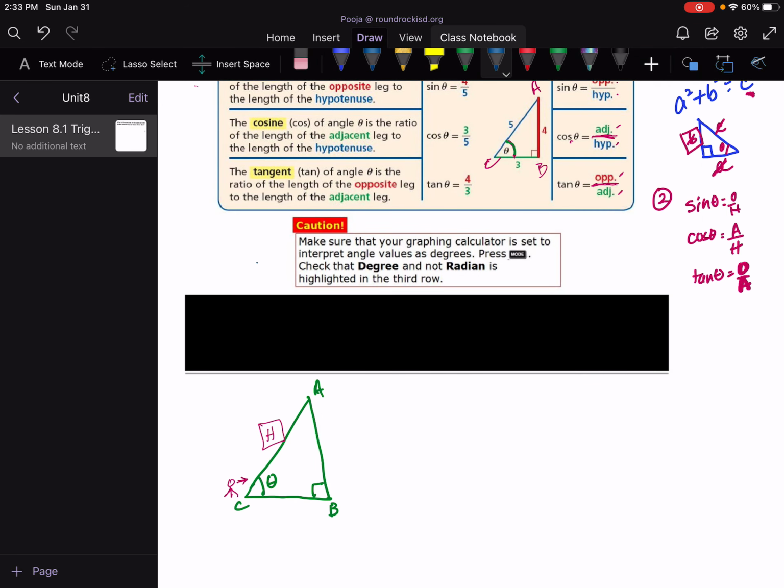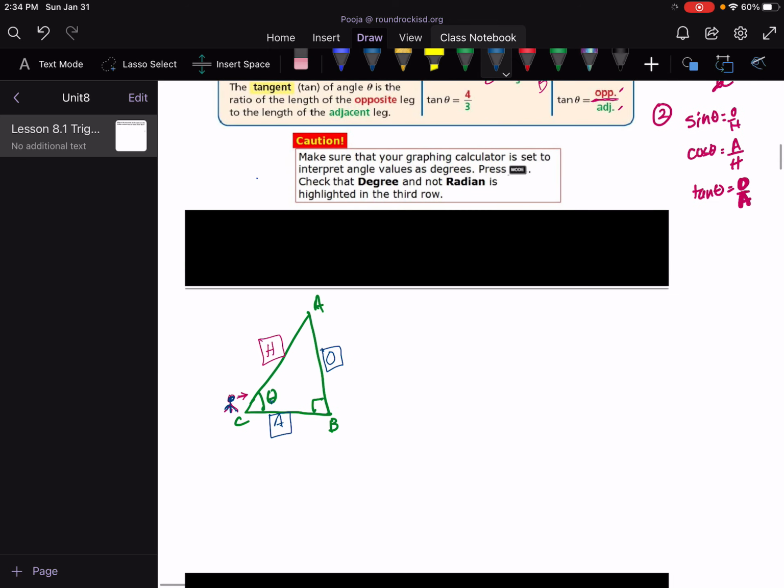Now, which side is directly opposite to me? There are only two sides left, AB or BC. Clearly, this side is directly opposite to me, and this side is right adjacent to me. And when I say me, that's me right there. And why did I go stand there? Because theta was right there. C is the reference angle. So based off of this, sine of theta will equal AB over AC, right?